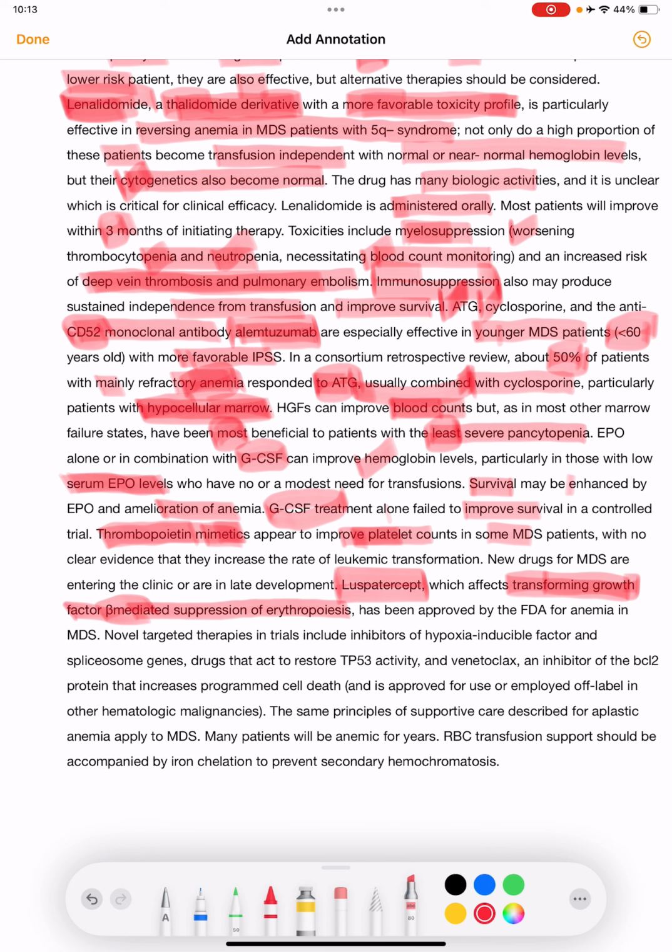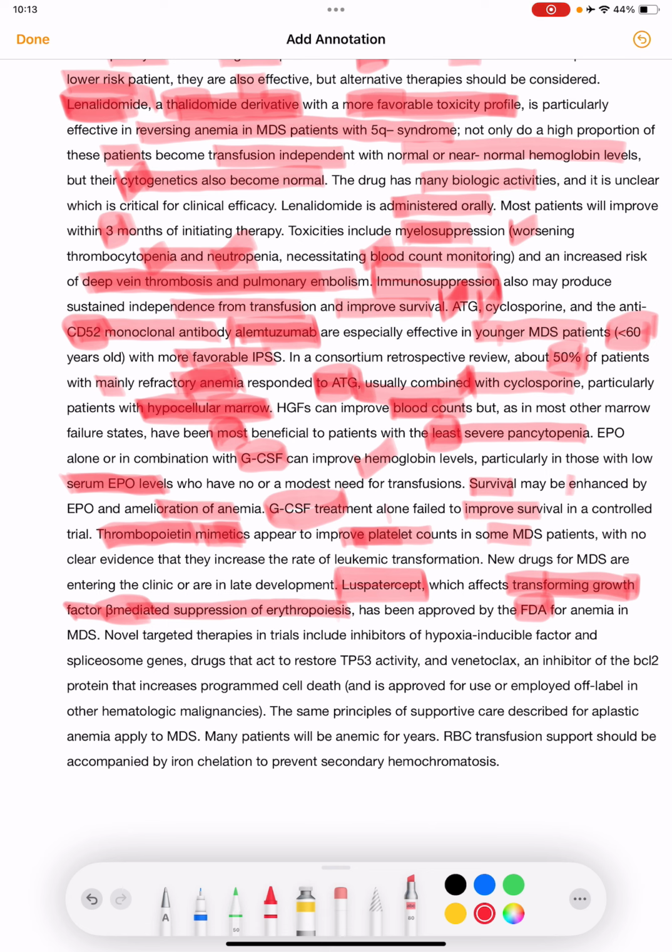This has been approved by the FDA for anemia in MDS. And novel targeted TGF mediated suppression of erythropoiesis can be treated with luspatercept.